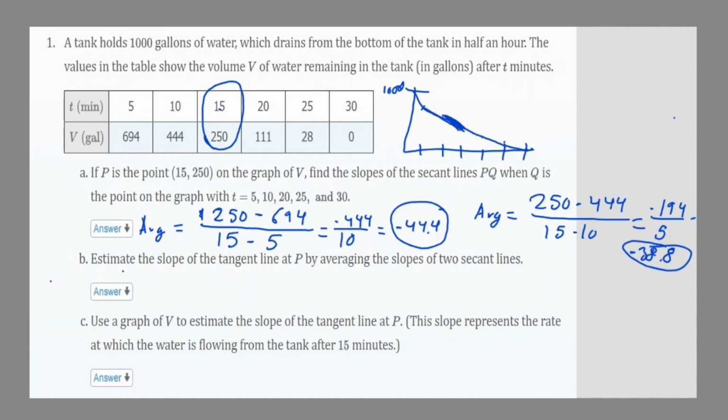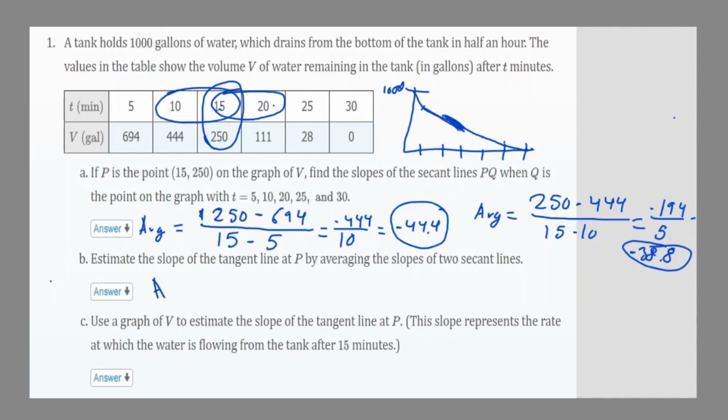So let's go to B. Estimate the slope of the tangent line at P by averaging the slopes of the two secant lines. So for this, all we need is the slope from 15 to 20 and 10 to 15, because they are the two closest points to 15. So we already know the 10 to 15, that's negative 38.8. We have to find the 15 to 20 slope.